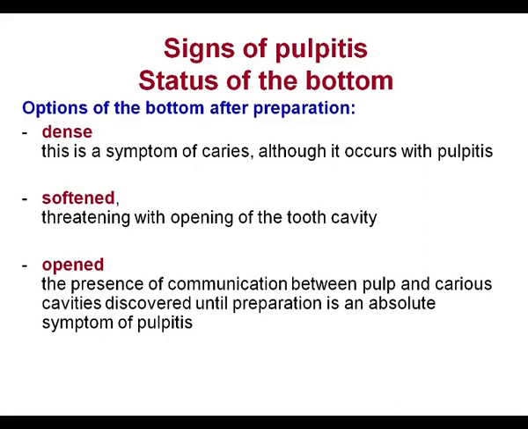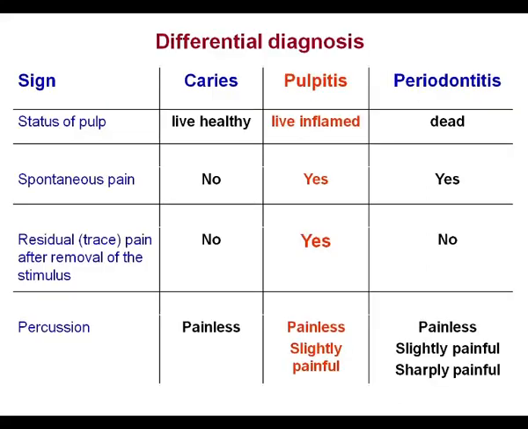It may be softened, threatening opening of the tooth cavity. And the third characteristic of the status of the bottom is opened: the presence of communication between the pulp and the carious cavity, discovered before preparation, is an absolute symptom of pulpitis.